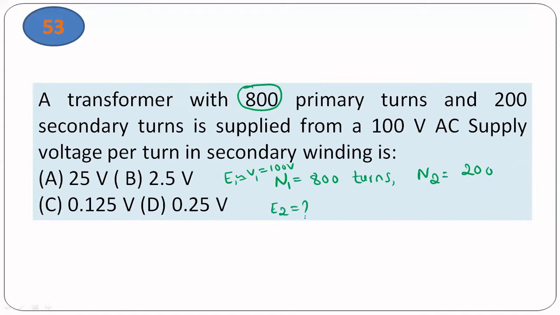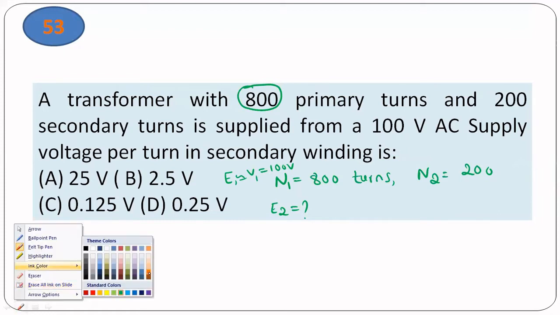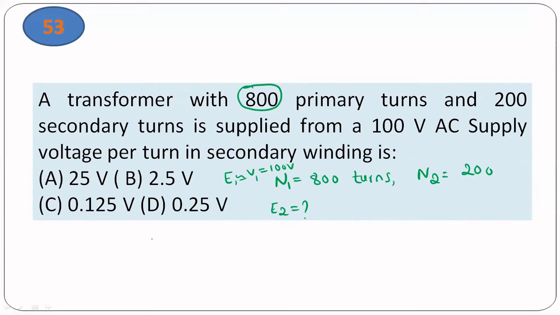How much is V2? For a transformer, we have a well-established formula which says that N2 by N1 is equal to V2 by V1.